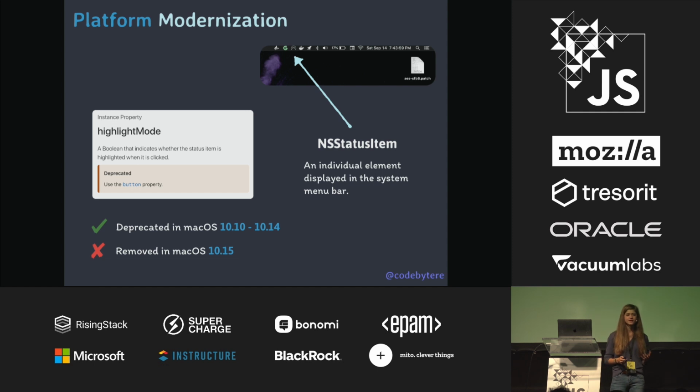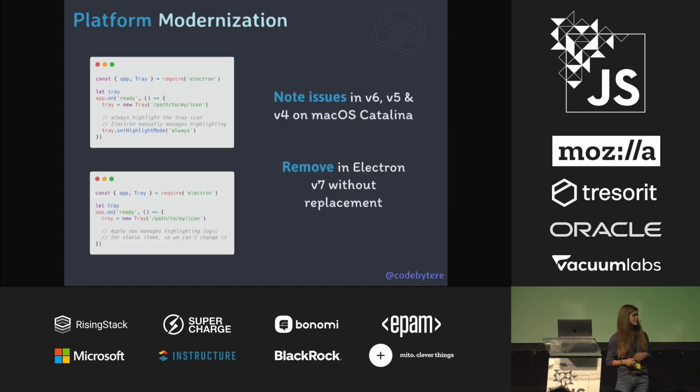In Electron, this created some pretty nasty consequences. We had been using the previous instance properties up until then, and only actually realized this issue had happened because the tray icons, when we were testing on Catalina, literally just stopped showing up, which, as you can imagine, was pretty awesome. So, as a result, we had to quickly and efficiently modernize our own code for these new constraints.